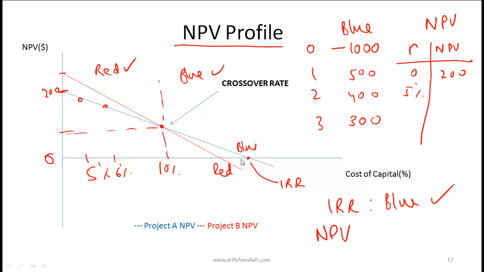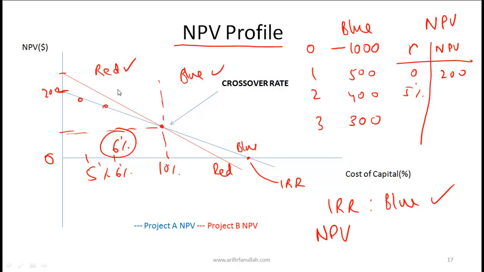After this point we would only select blue, and after this point both projects give us a negative NPV. But the core point is this: to the left of the crossover point, if the interest rate is say 6%, then there is a conflict between IRR and NPV, because IRR is saying blue and NPV is saying red. And in this case we go with the NPV method.